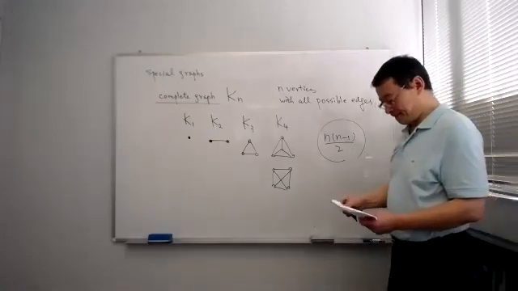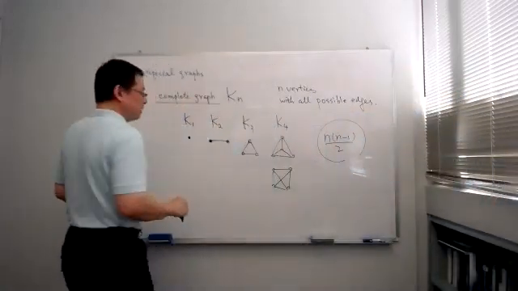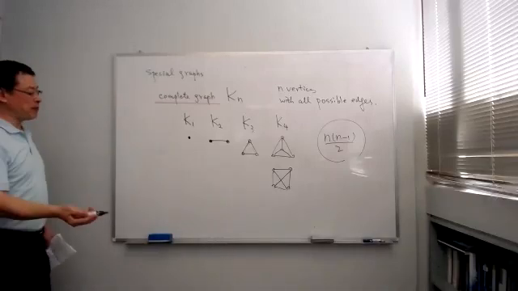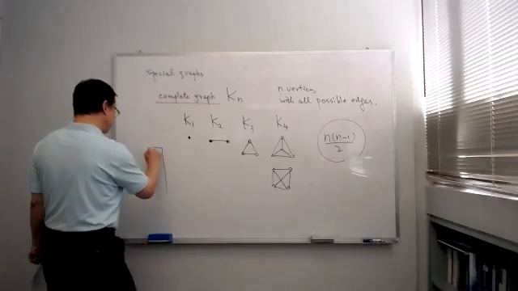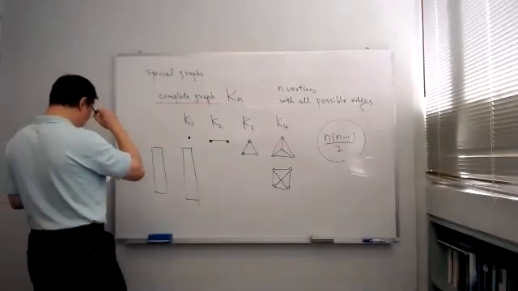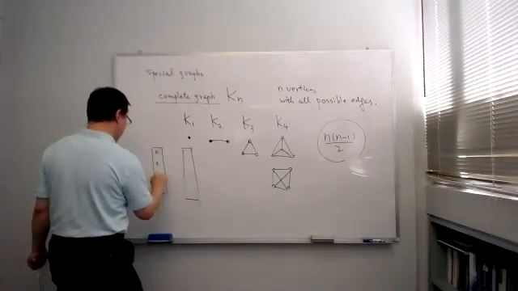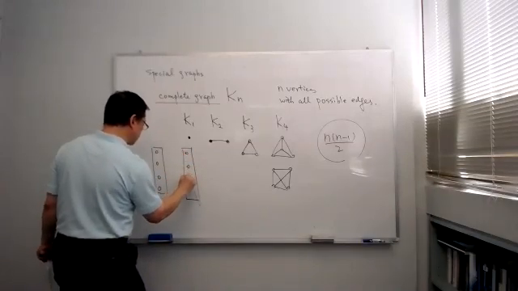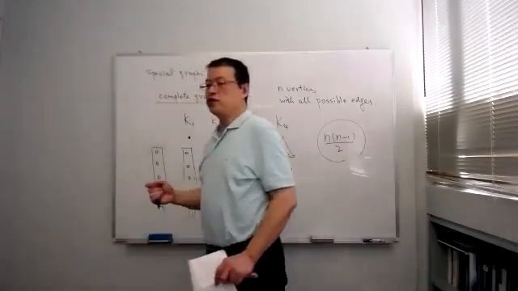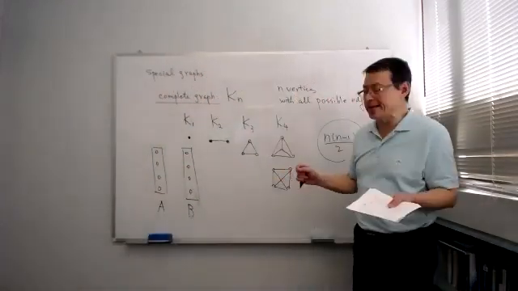All right. And sometimes we have vertices that can be partitioned into two parts. When we talk about a relation from A to B, these two are different sets.